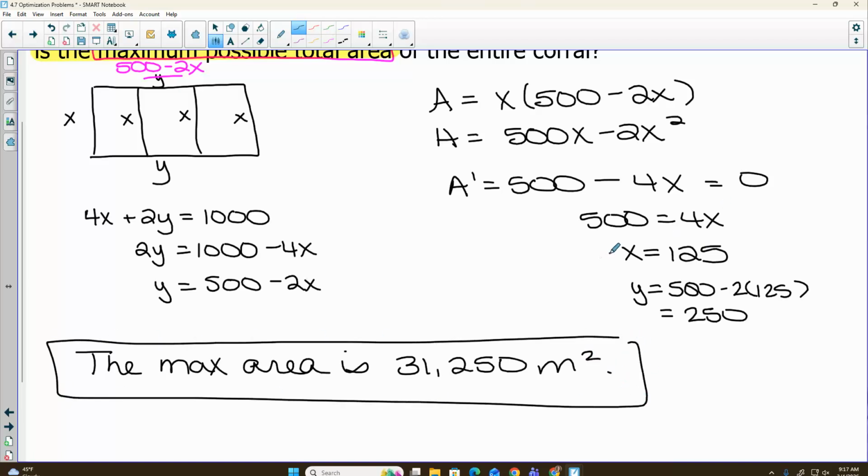You could have also just plugged your x back into your area equation. That would have also given it to you. It doesn't matter there. Multiple ways to get to the answer at this point.